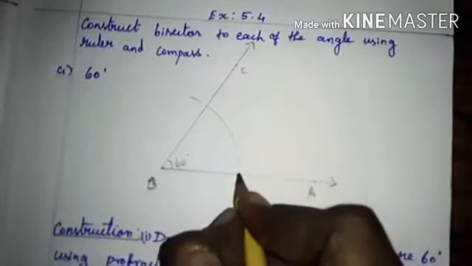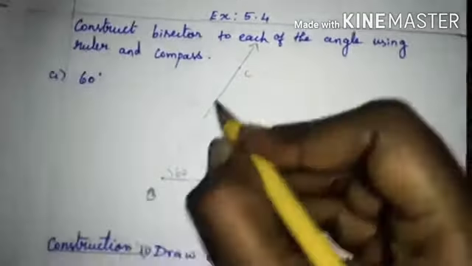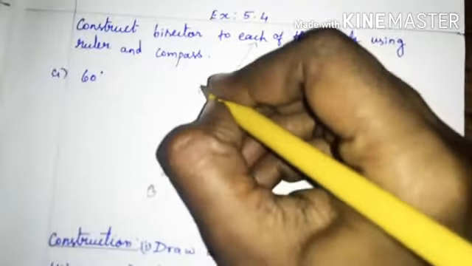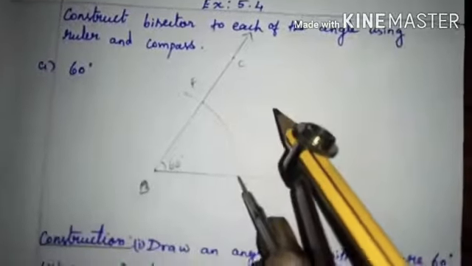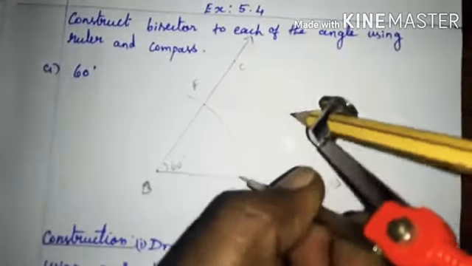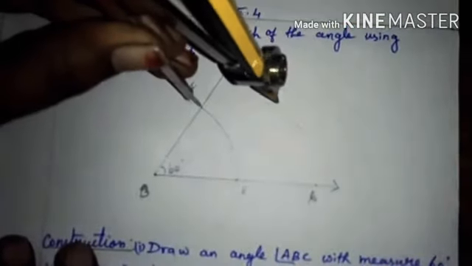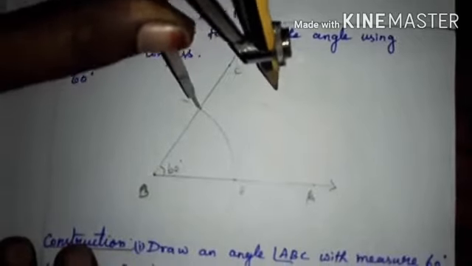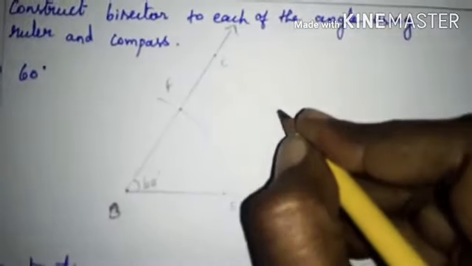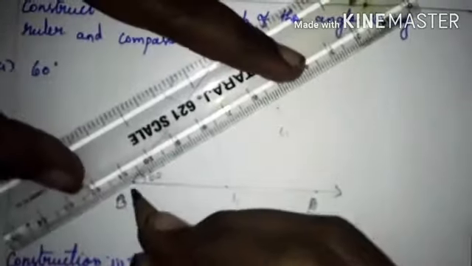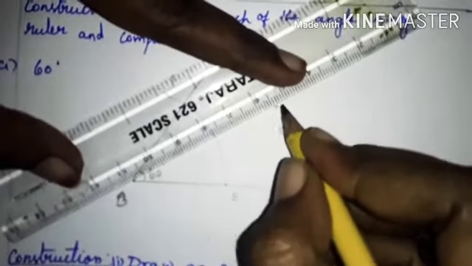It intersects BA at E and BC at F. Again with the same radius, keep the compass at point E and draw an arc in the interior of angle ABC, and again with the point F, cut the previous arc and mark this point of intersection as G. Now draw the ray BX which passes through the point G.